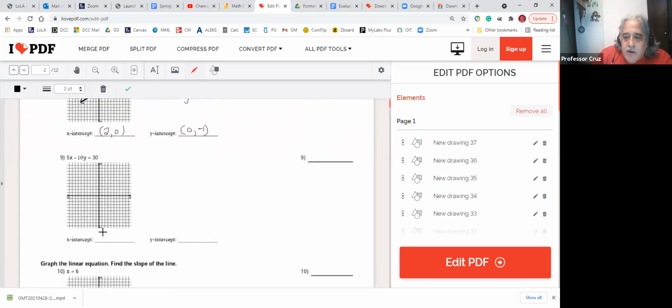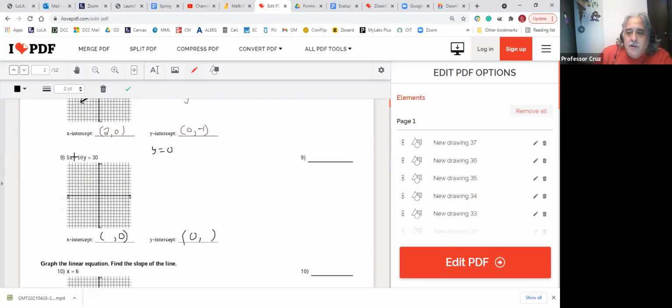So this is the same thing. y is going to be equal to 0 to get the x-intercept. x is going to be equal to 0 to get the y-intercept. So let's just say y is equal to 0. Remember here, when y is equal to 0, this is going to be gone.